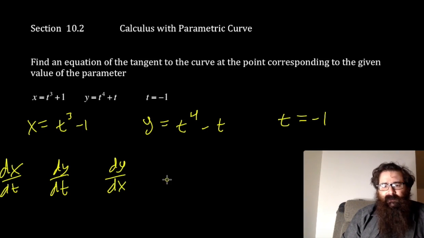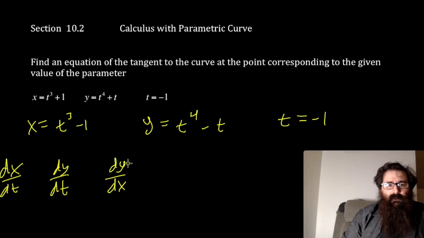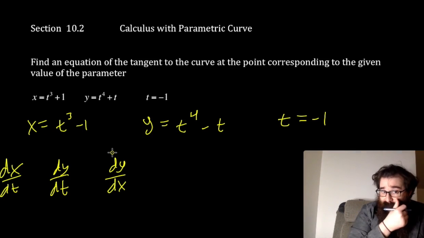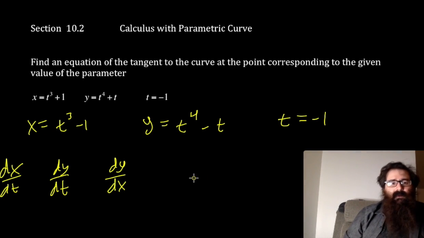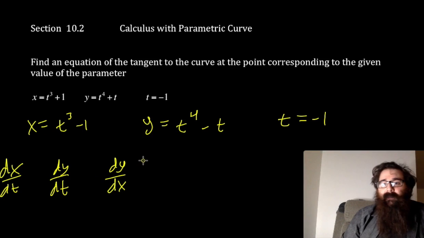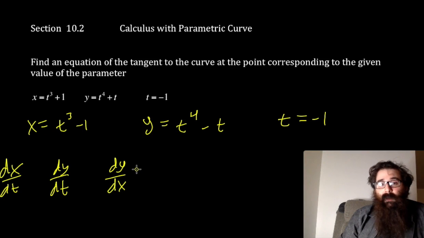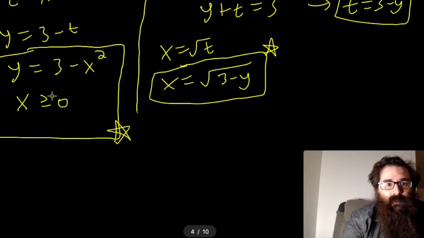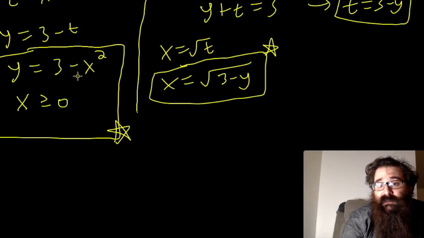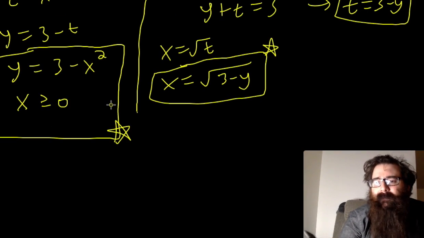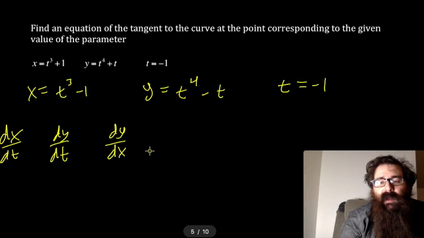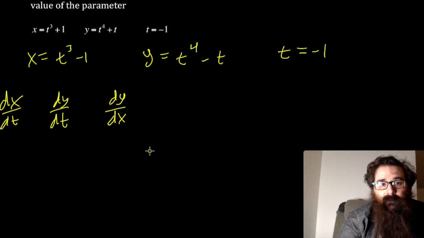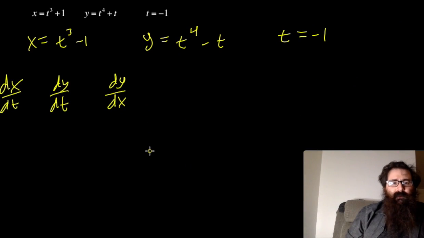I'm always interested in this because I always want to know, what is the derivative of y with respect to x. And I want to think, well, how can I find these pieces using the parametric equations? Like we saw in the previous examples, we could try to eliminate parameter t. And if I'm able to write my equation as y equals some function of x, then I can differentiate it no problem. But maybe I'm not always able to do that. Maybe I can't always eliminate parameter t, and I want to try to find a way to work with that parameter. And here's where chain rule really comes in to help us.